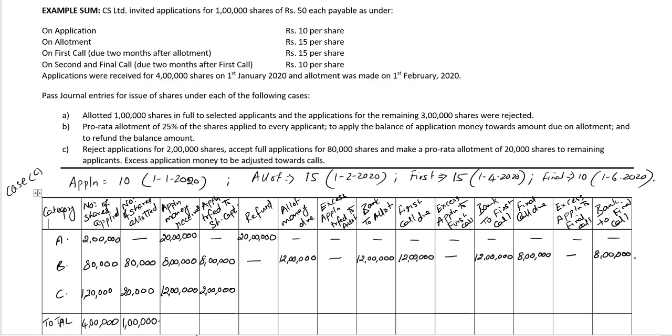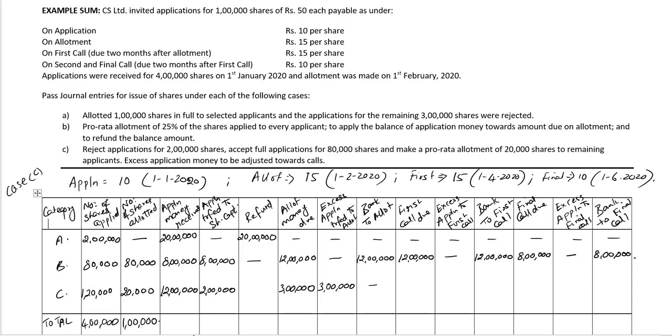Allotment money due is number of shares allotted 20,000 multiplied by 15 rupees per share, comes up to 3 lakh rupees. Excess application transferred to allotment. Excess application money available is 12 lakh minus 2 lakh, 10 lakh, but we limit it to 3 lakh because that's the allotment money due. Bank to allotment is dash.